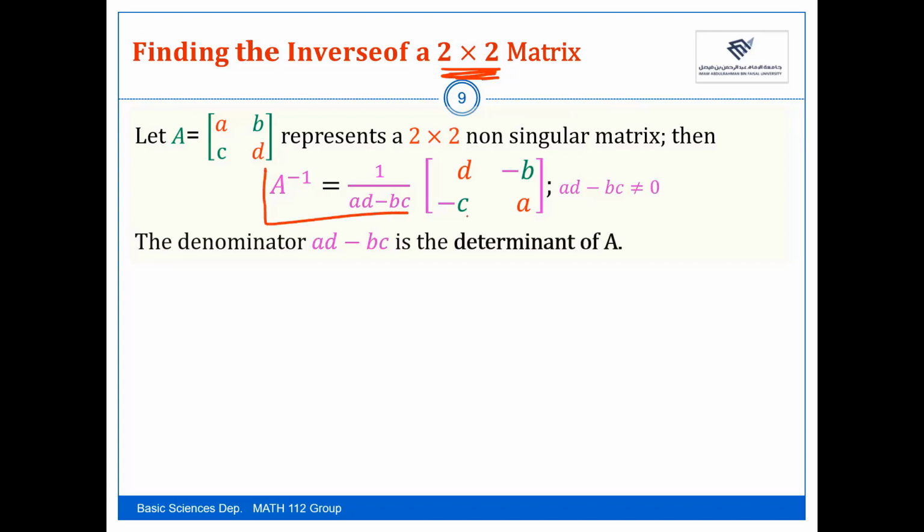This is the formula for the inverse. It's AD minus BC. We saw AD minus BC.